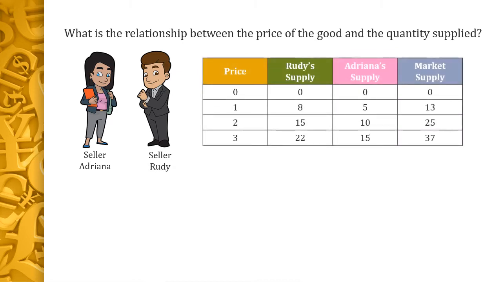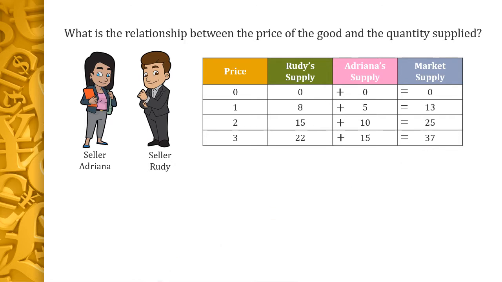Well, this chart looks much like it did for demand. We've got Rudy's supplies, we've got Adriana's supplies, and if we add them together, we've got the total market supply. Again, this isn't too hard because we already know what Rudy was going to supply, and Adriana has figured out her system. And so in total, if I was living wherever they're at, this is the amount of tacos that would be available depending on the price that's being offered.